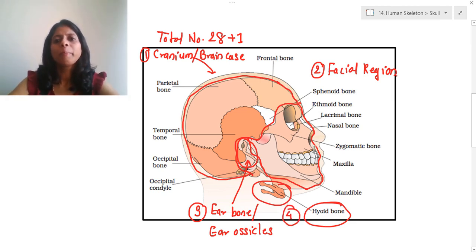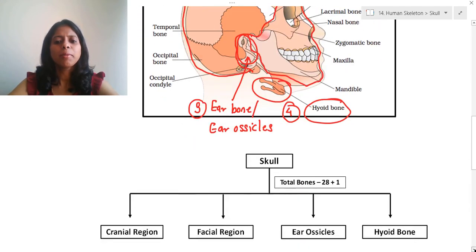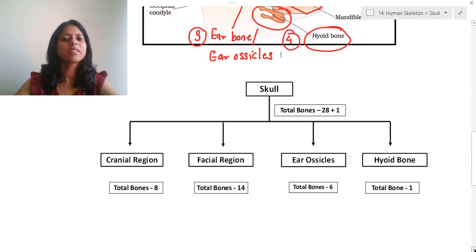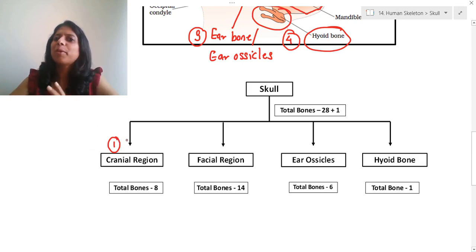So remember, when we study human skull bones, they are basically divided into 4 different regions as shown in the chart. The first region is the cranial region, which is nothing but the brain case, the bones which cover our brain. The second one is the facial region, the facial bones.